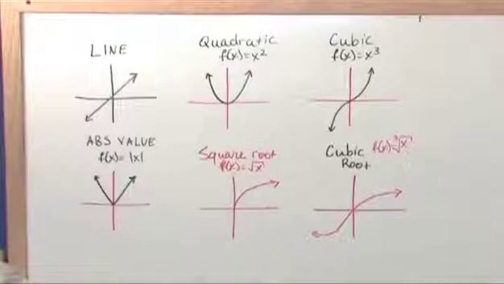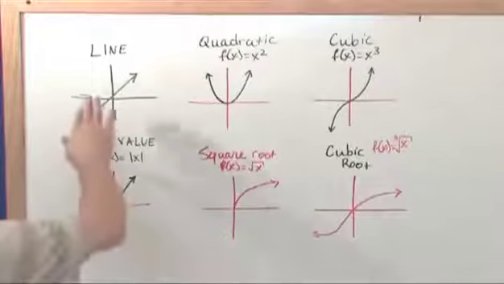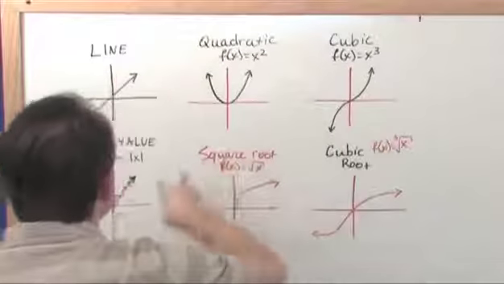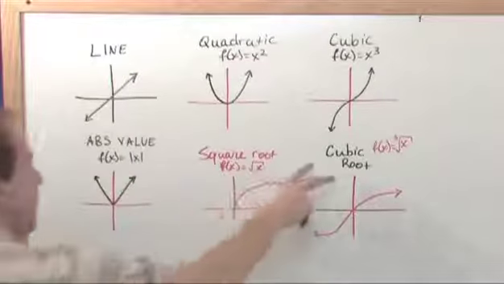So I put these on the board here because I just want you to keep them in your head, and I think I'm probably going to leave them up here, actually, so you can kind of see them. You have your basic line, your basic quadratic or your parabola, your basic cubic, your basic absolute value, your square root, and your cubic root.